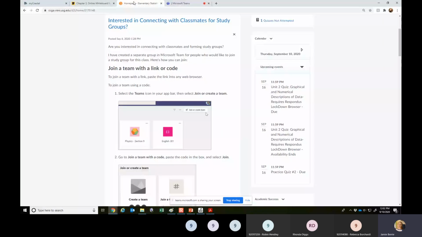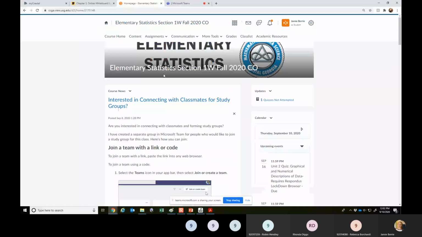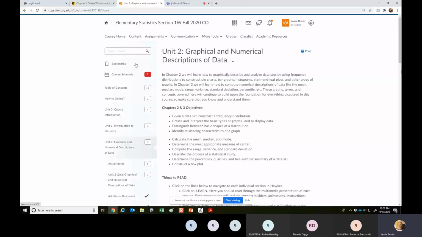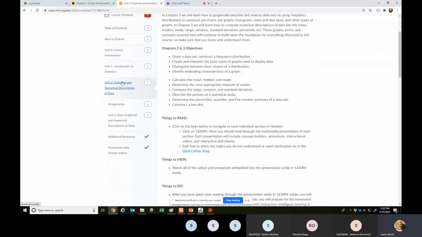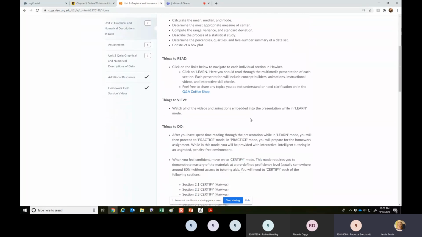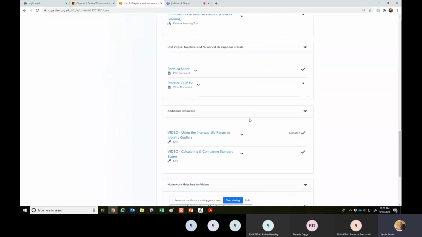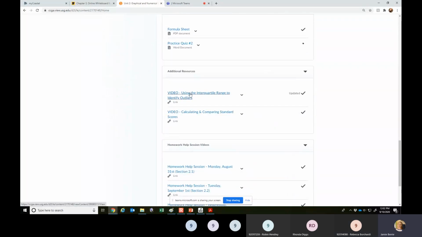All right, but I did want to show you where I put those videos. So I just clicked on content, and then I'm going here to unit 2. And then if you scroll down to additional resources, I uploaded 2 videos. One is about using the interquartile range to identify outliers, and one is where I show you how to calculate and compare standard scores, which I called Z-scores on the practice quiz.